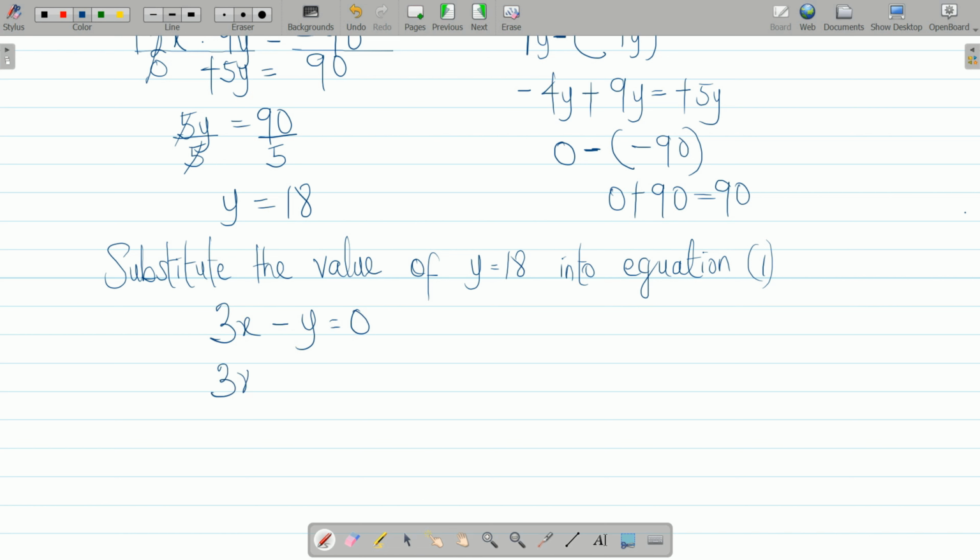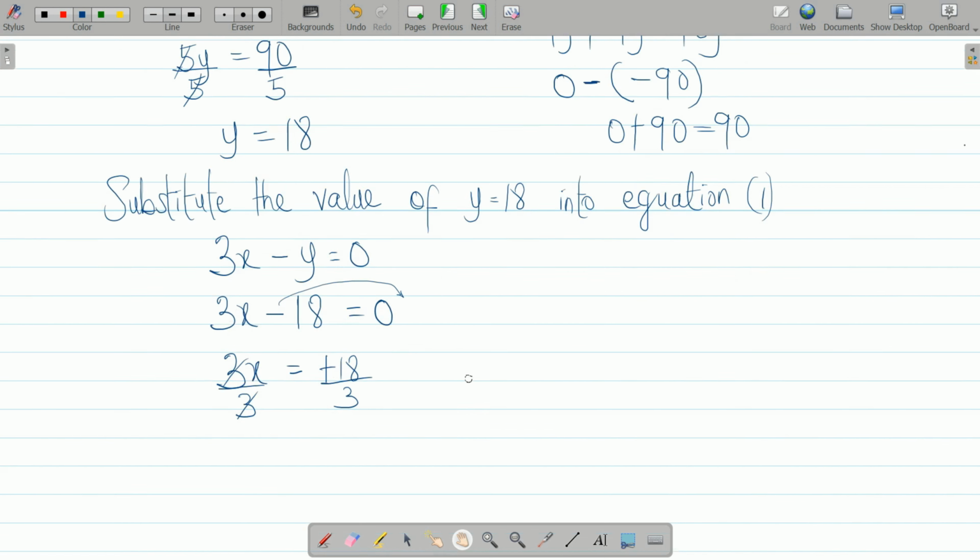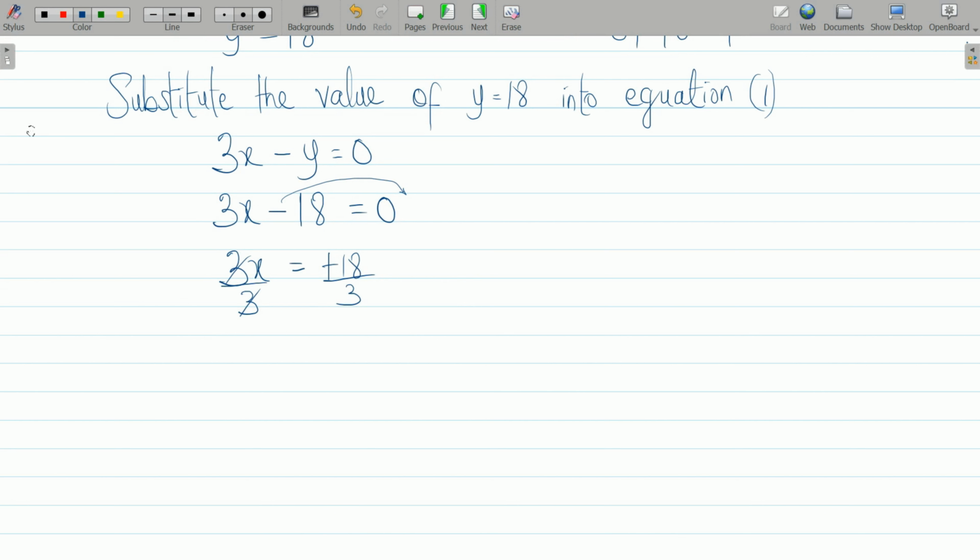So we substitute y, which is 18, into the equation. Then we have 3x minus 18 equals 0. Collecting like terms next. Then we divide by the coefficient of x, which is 3. X equals 6.